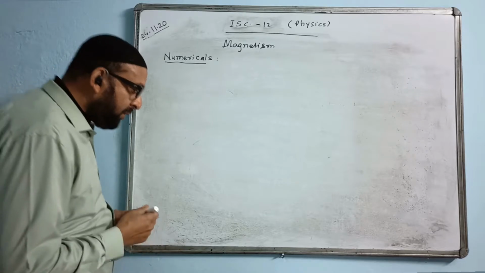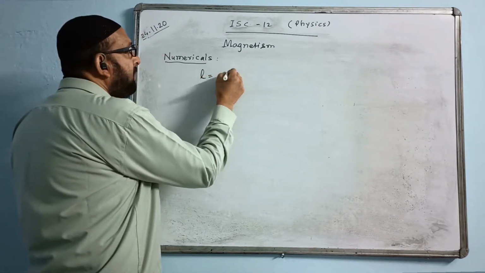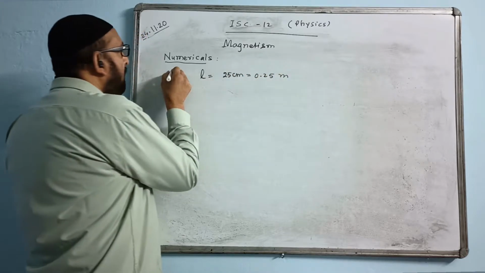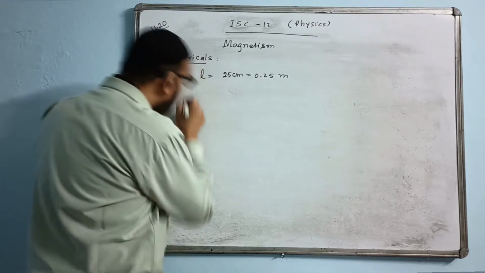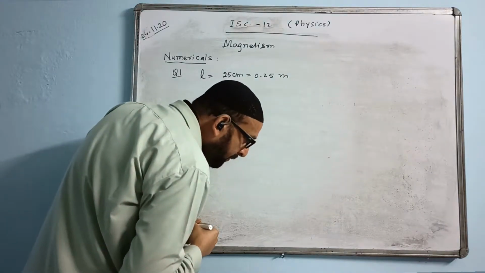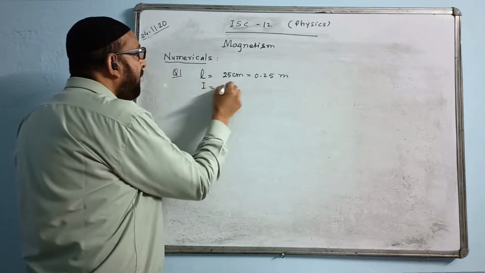Let us take all the information. Length of the wire given is 25 centimeter, that means 0.25 meter. Carrying a current of 4 ampere, so the I value is 4 ampere.